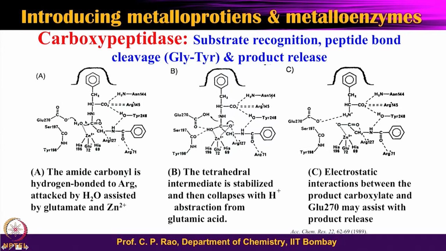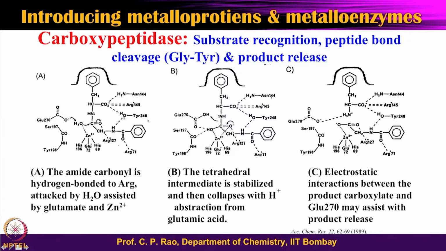This is activated by this glutamate, and this glutamate will make the hydroxide, and then you can have either a zinc bound water which is activated by glutamate, or a simple water which is activated by glutamate, but finally the attack is on the carbonyl of the peptide, and this is a nucleophilic attack.